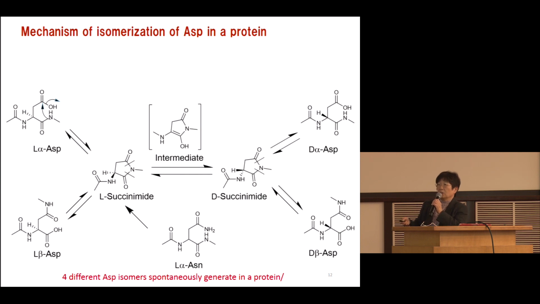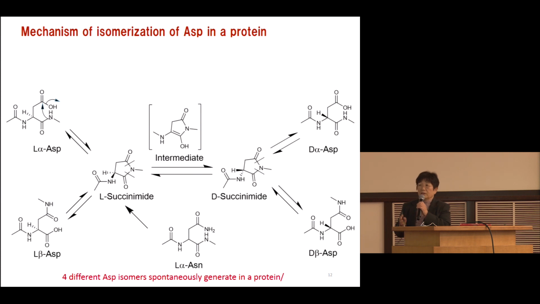This L-succinimide is very unstable, and L-succinimide inverts to D-succinimide through this intermediate. D-succinimide is hydrolyzed to D-beta aspartyl and D-alpha aspartic acid residues. Similarly, L-succinimide is hydrolyzed to L-beta and L-alpha aspartic acid.